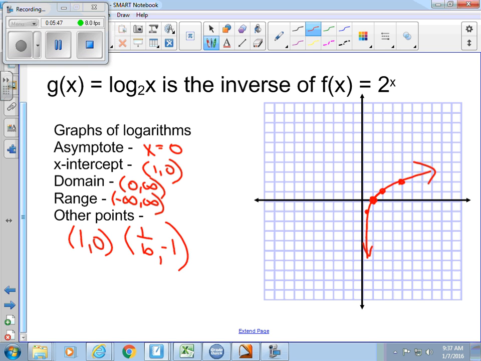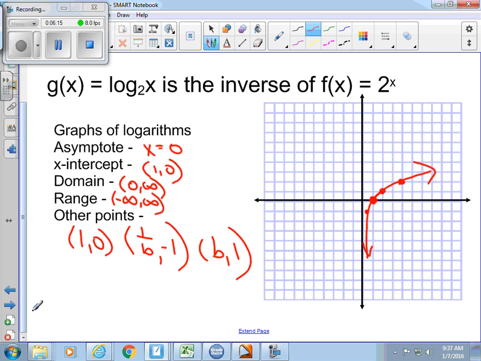And if 1 at the base was on every exponential, wouldn't the base, comma 1 be on every logarithm? Yeah. So those are 3 points we can always plot on a logarithm. We'll spend more time graphing tomorrow.